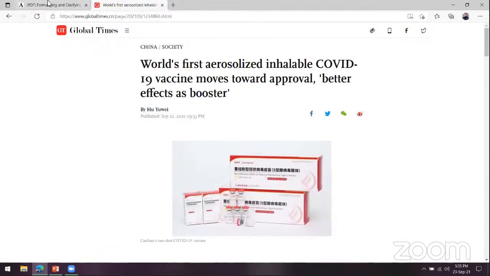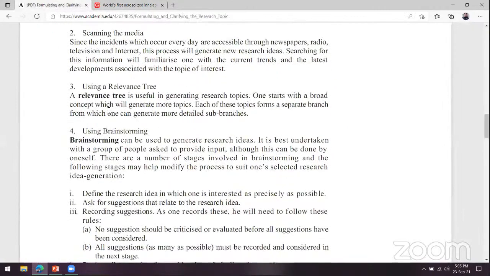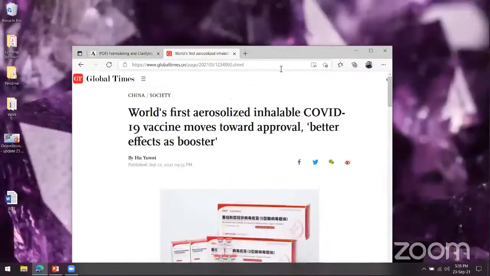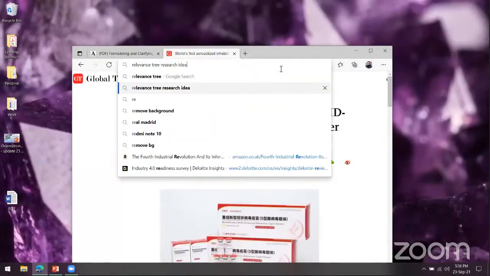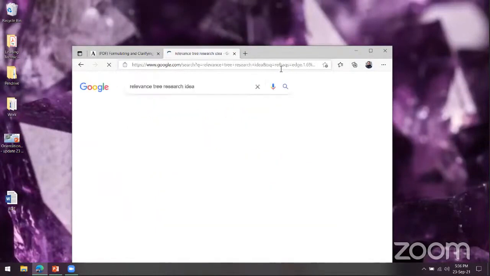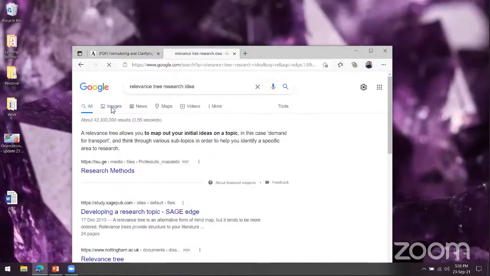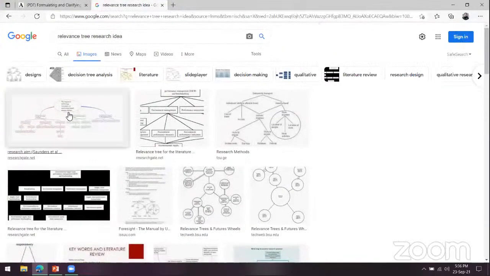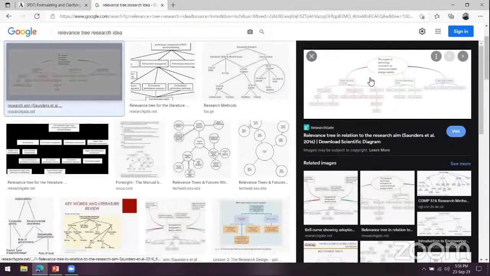Okay, right. The third one, we can use a relevance tree. Now, a relevance tree is the way that you are branching down. So I will just share with you a relevance tree. Before this, when you found out about the relevance tree, it is actually a mechanism for you to break down the idea.